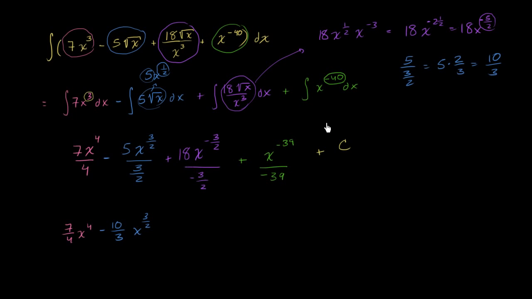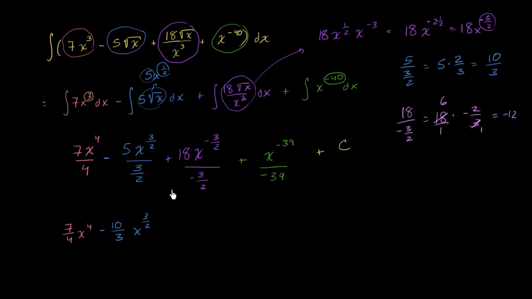Now 18 divided by negative 3/2 is equal to 18 times negative 2/3. We can simplify this a little bit. This is the same thing as 6 times negative 2, which is equal to negative 12.